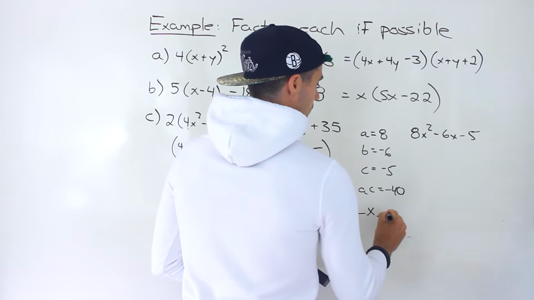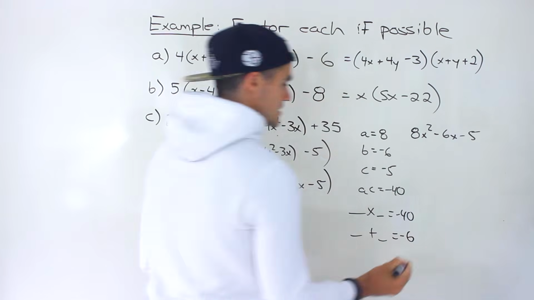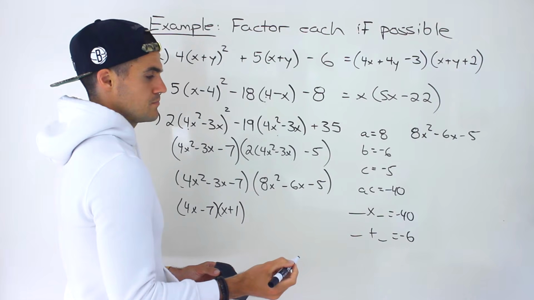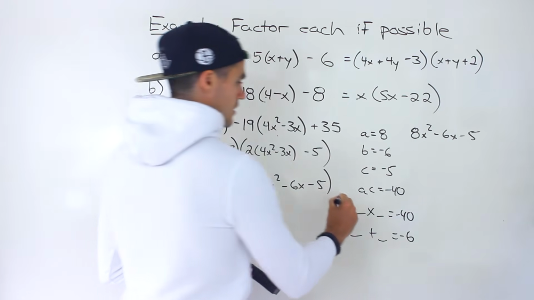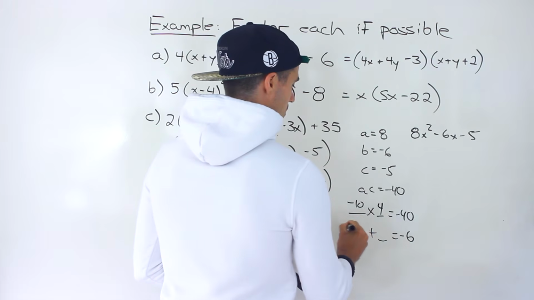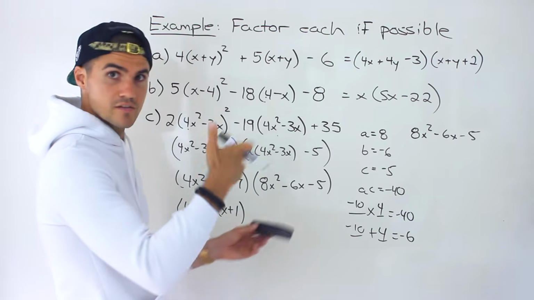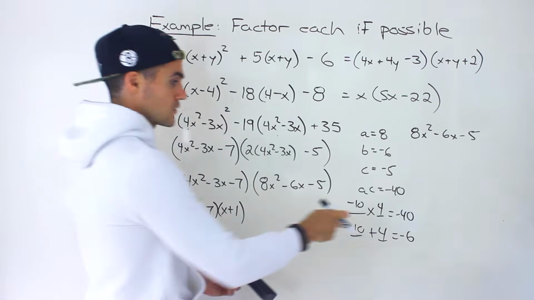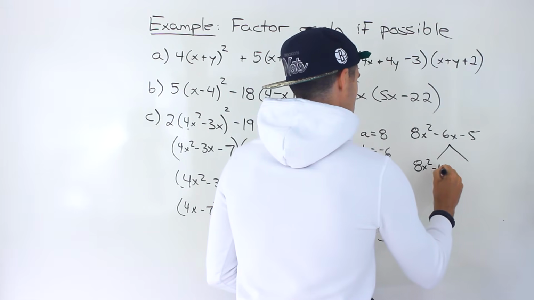Two numbers that multiply to negative 40 and add up to the b value of negative 6 would be negative 10 and 4. Negative 10 times 4 gives us negative 40, and negative 10 plus 4 gives us negative 6. So decompose.